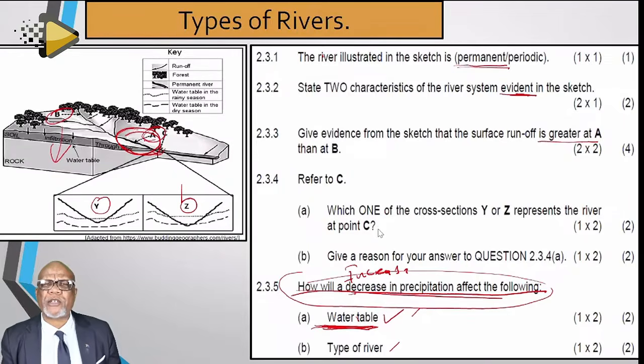We are going to increase surface runoff. When we have increased surface runoff, there is going to be less infiltration, and therefore the water table will also drop because there is going to be more runoff and less infiltration. So that question can take different application strategies. You could be asked to apply in a number of ways here.